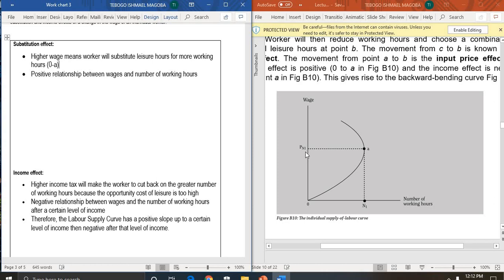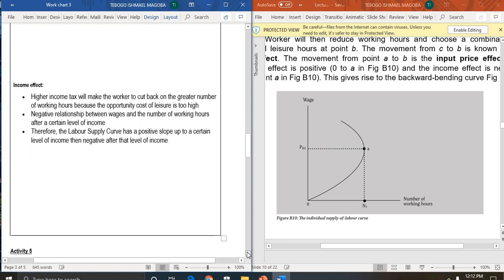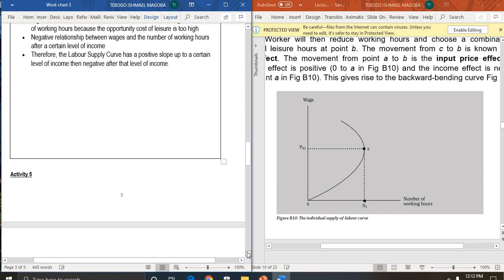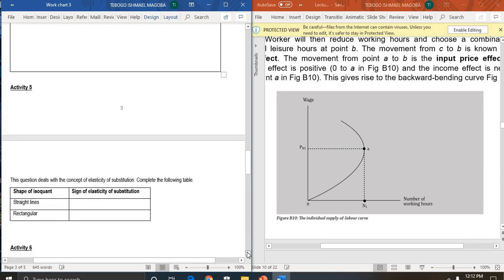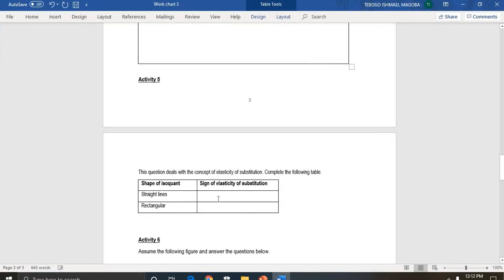And due to that tax, the opportunity cost of leisure becomes too high. Okay, so I hope you guys understood that. You can also go into the textbook for more clarity on this graph. But as I said, you've done it before in labor economics.